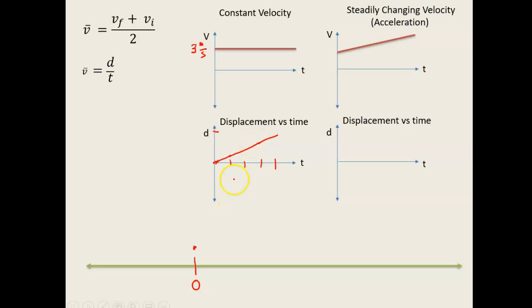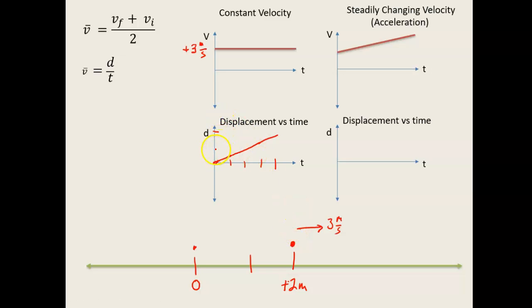What would happen if I moved at a constant velocity of positive 3 meters per second, but I started instead, say, observing at the positive 2 meter location? So I'm moving in the positive direction at 3 meters per second, and we're starting observing the object at this location.